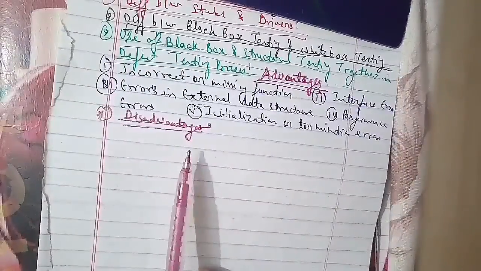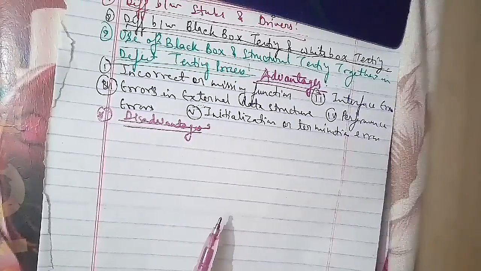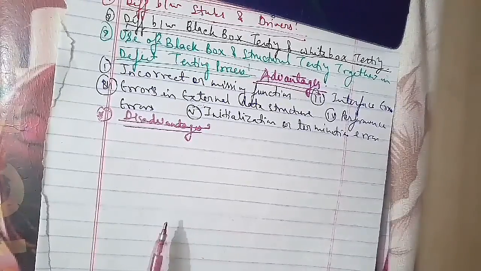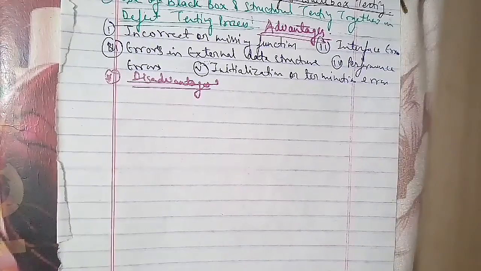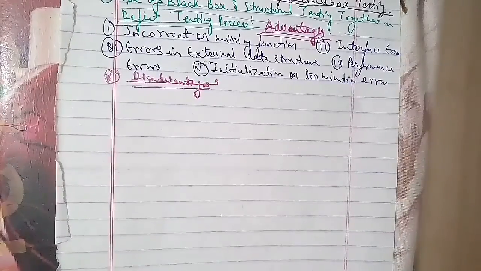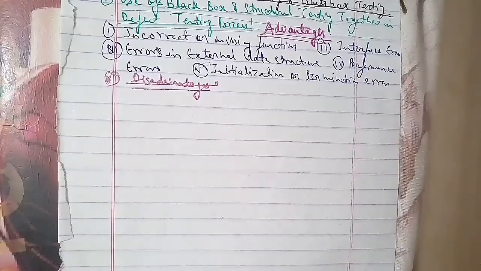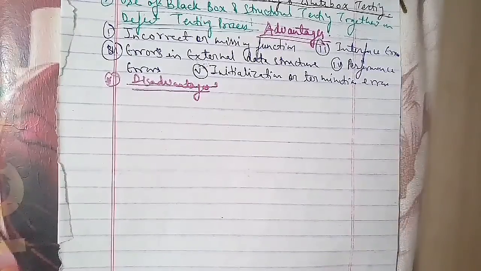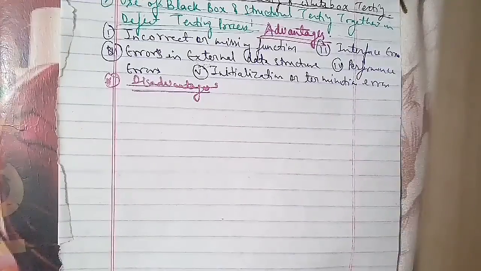Basic path testing is a structural testing strategy, and this method is intended to exercise every independent execution path of the program at least once. There are other steps carried out while performing path testing.